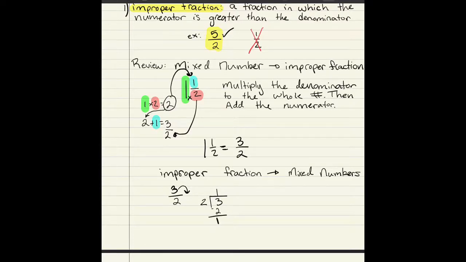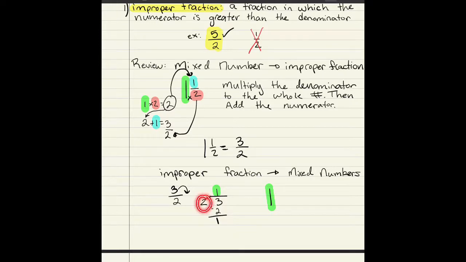And if I'm finding a decimal, I would add the decimal and a 0 and keep going, right? But no, I want to have a mixed number. So my whole number is this 1. So 1 is now my whole number. And I'm dividing by 2, because a fraction is just a division problem.